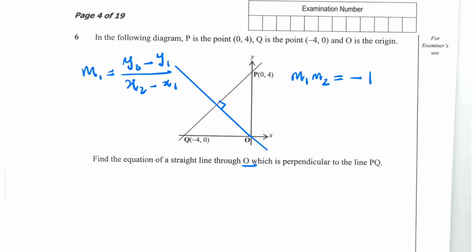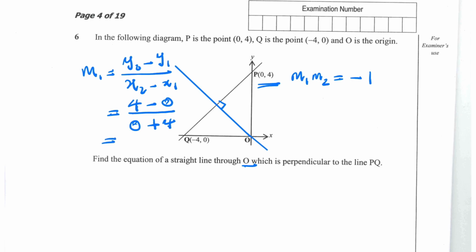So let us make the coordinate at Q the first coordinate and the point at P the second coordinate. So y2 at P is 4, minus y1 from Q, that is 0, divided by the x coordinate at P, which is 0, minus the x coordinate at Q, which is -4, so this becomes +4.